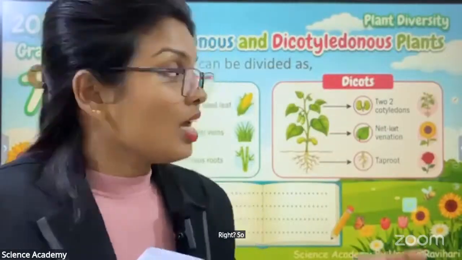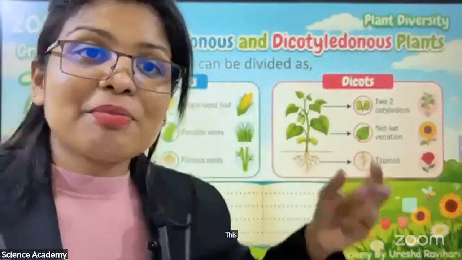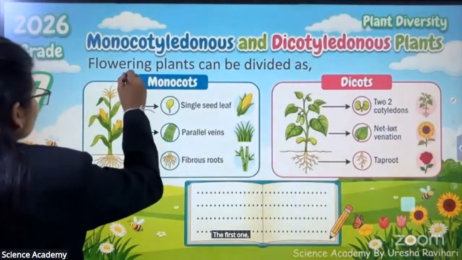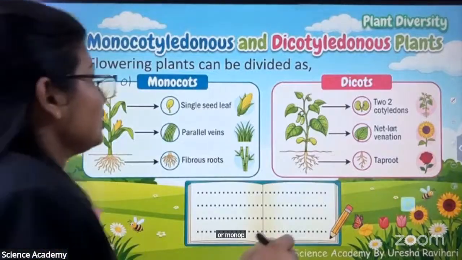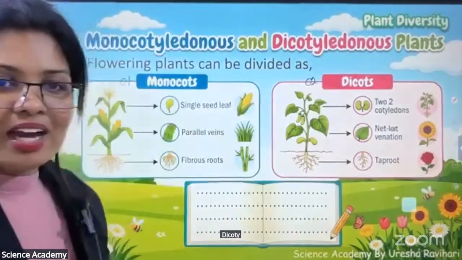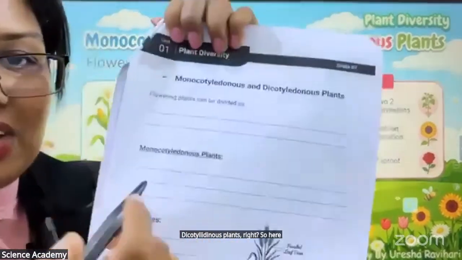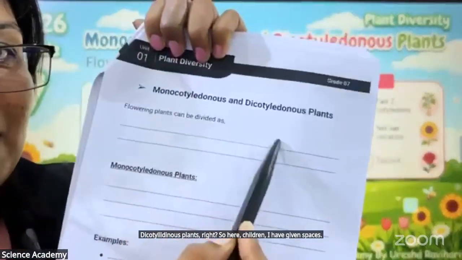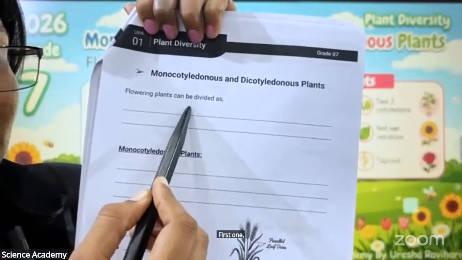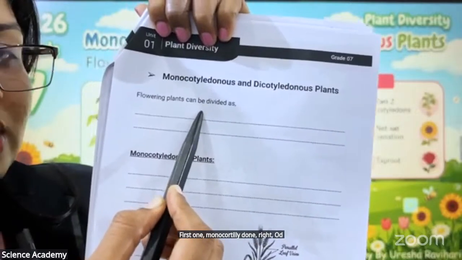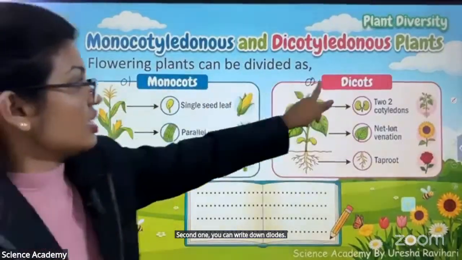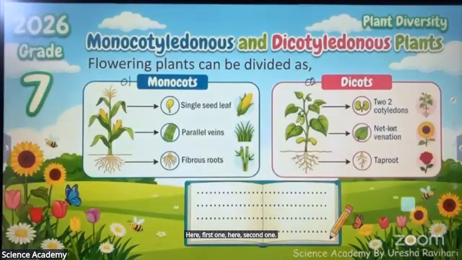So children, these flowering plants can be divided into two. The first one, monocots or monocotyledonous plants. Second one, dicotyledonous plants. So here children, I have given spaces. First one monocots, second one you can write down dicots. Here first one, here second one. Quickly write.